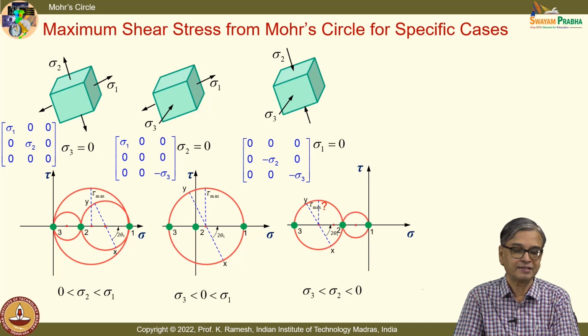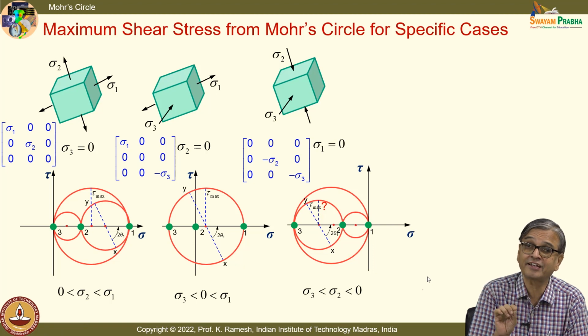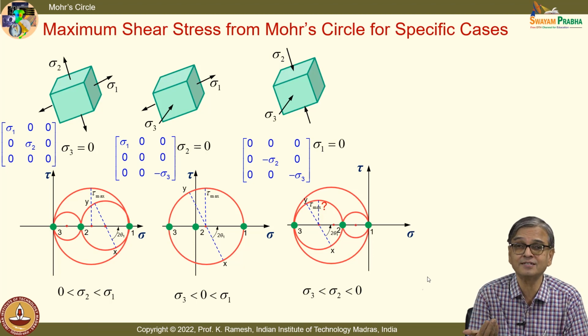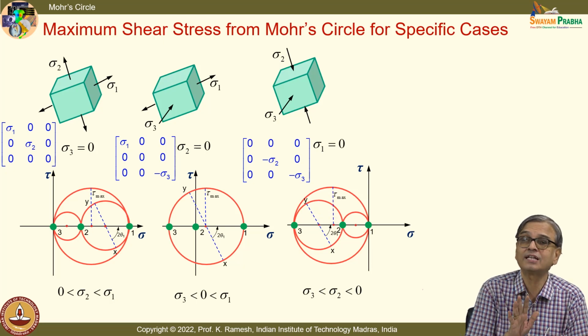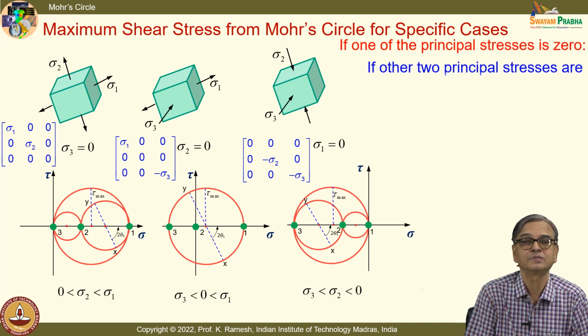Okay. I will again recognize the 0 value, and sigma 1 is 0 here. So, you are also indirectly trained. When you have multiple quantities, even 0 can be a maximum principal stress, because algebraically that is the largest. Okay. So, you have to look at what is algebraically the largest, label that as sigma 1.